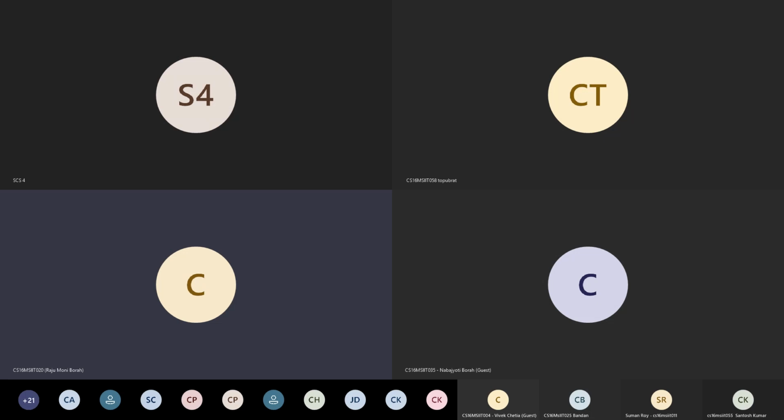Pivoting is also known as rotation. We rotate the data so that we can view it from a different perspective for a better understanding. That's all, sir. Thank you.